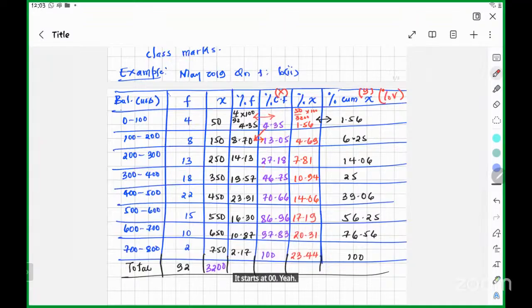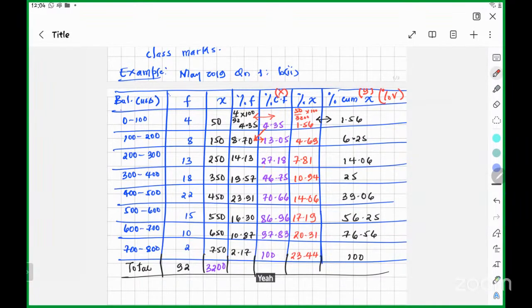Apart from the last point, cumulative frequency curves do not close, if I can say it that way. It starts at a 0, but it goes and hangs within. They never close.